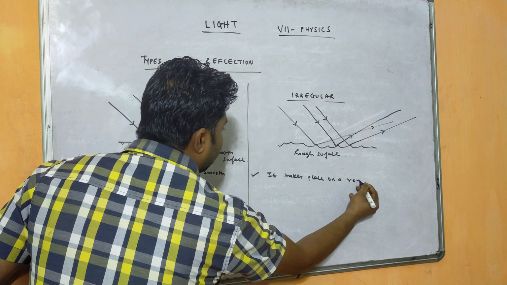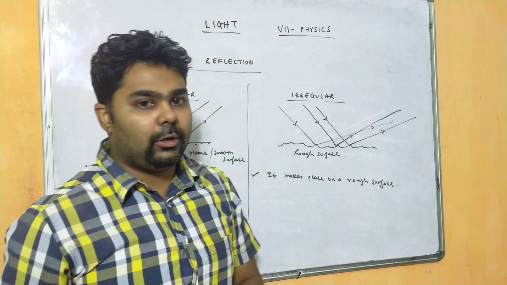Here the reflected lights are parallel to each other. You see, the incident lights are parallel to each other, and the reflected lights are also parallel to each other. But in case of irregular, the incident rays are parallel to each other, but the reflected rays are not parallel to each other.